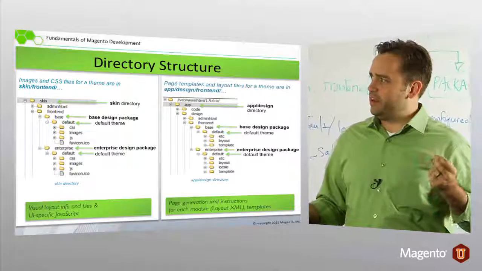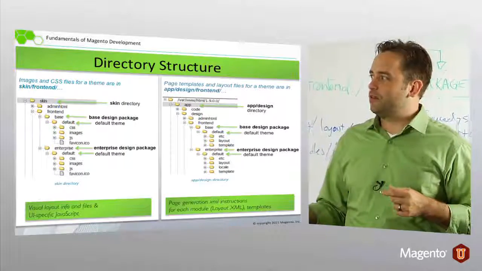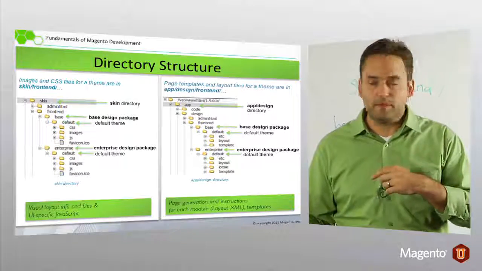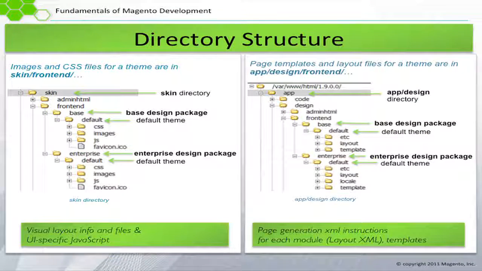And with Enterprise, you get this Enterprise default package and theme, and that will contain some Enterprise-specific templates and layout, etc. Okay. So we'll be looking at the administration panel some more and getting into this directory structure and the settings in Magento.